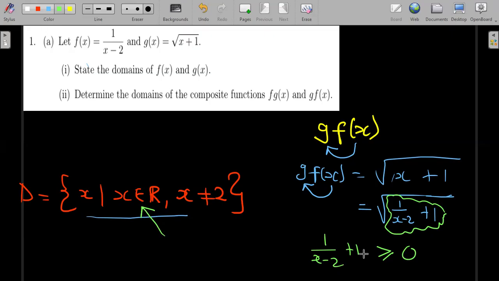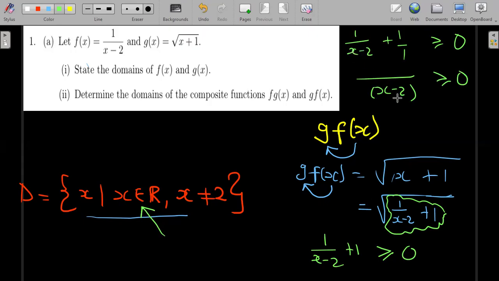So here we are going to have an inequality, and we are going to solve it using a table. Let's combine it: 1 over x minus 2, plus 1 divided by 1, is greater than or equal to 0. So this is x minus 2, greater than or equal to 0.